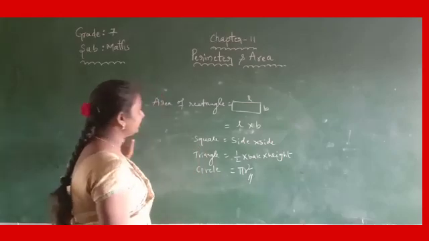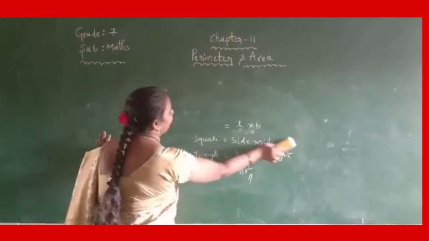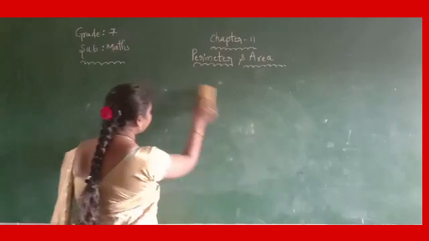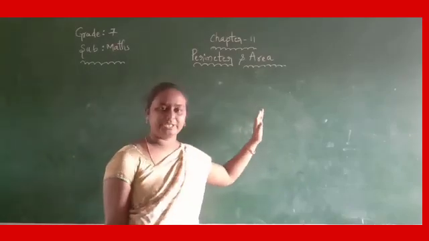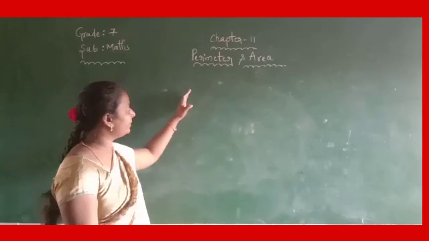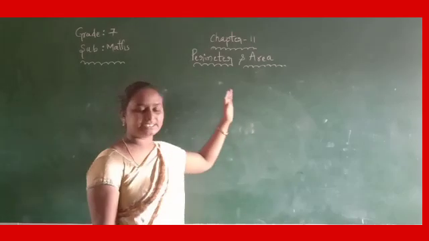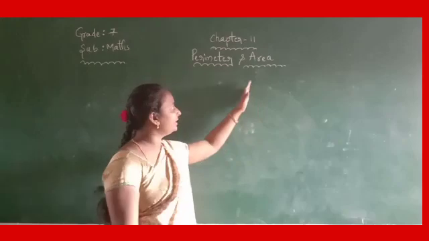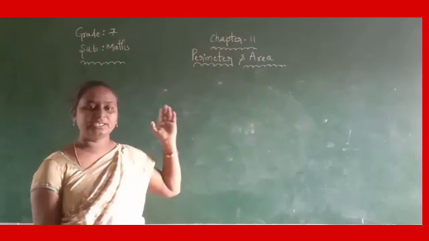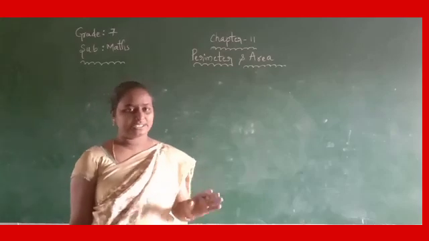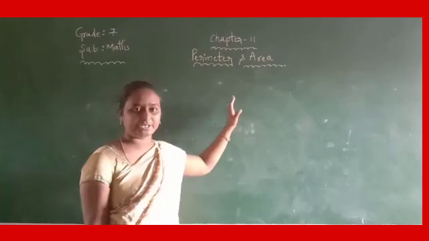Remember, in this chapter you are learning about the perimeter and area. Perimeter is the total distance around the closed figure. Area means the part of a plane or region occupied by the closed figure. These definitions you have to remember in your mind.